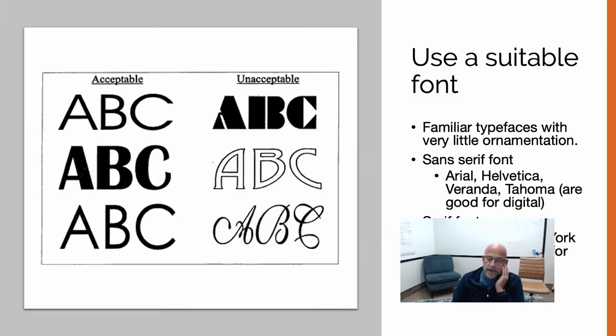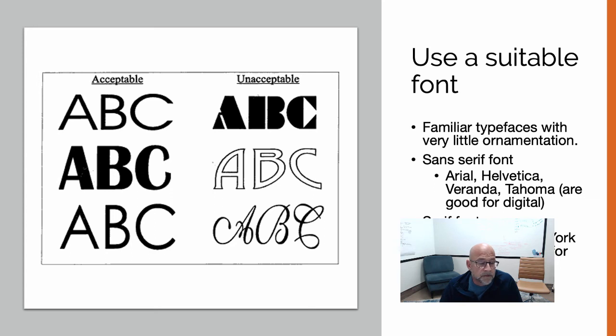It's important to do things like use a suitable font. So this is a situation where we're thinking about even top-down processes as well as bottom-up processes. Try to use familiar typefaces with little ornamentation. And typically we use sans serif fonts for digital displays. Sans serif fonts don't have little feet or little hats on them or things like that, whereas serif fonts do tend to have those things.